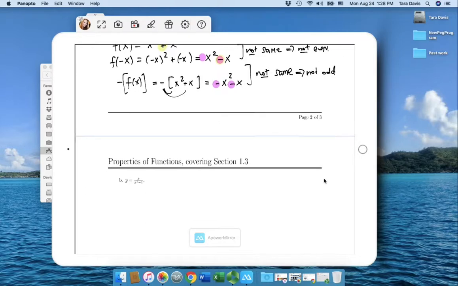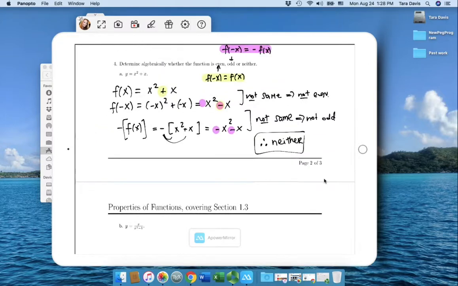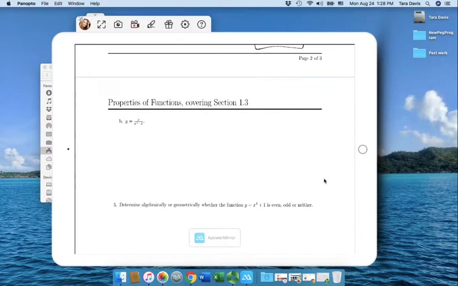And so in conclusion, because it's neither even nor odd, we say it's neither. You can only say it's neither once you prove that it's not even and also that it's not odd. Okay, so let's see a couple more examples, but they're all going to be exactly similar.